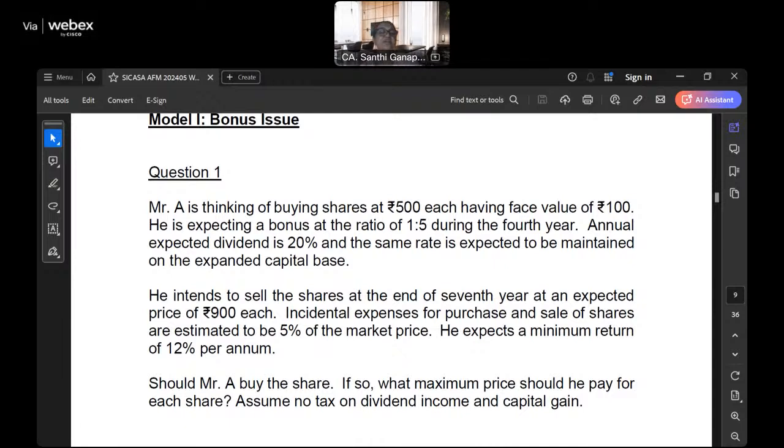What are all the cash flows we have to consider? You have to consider the dividend which you'll get for 7 years, and you also have to consider the price at which he can sell.